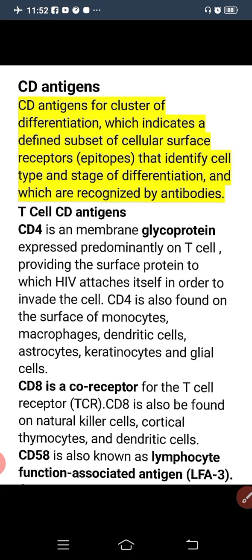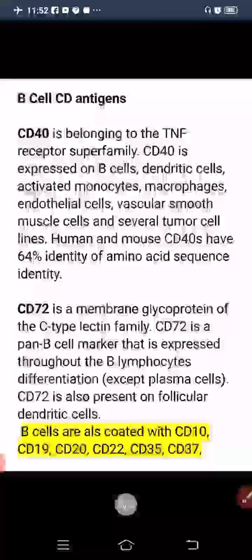CD8 can also be found on natural killer cells, cortical thymocytes and dendritic cells. Another type of CD antigen, CD58, also known as lymphocyte function associated antigen, is also present on the T cells, and is known as LFA3.